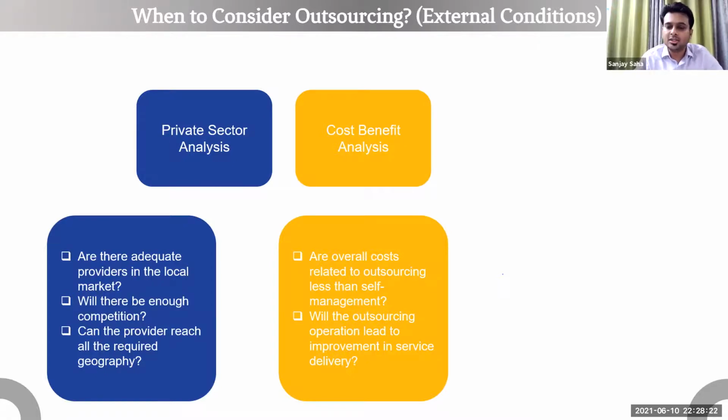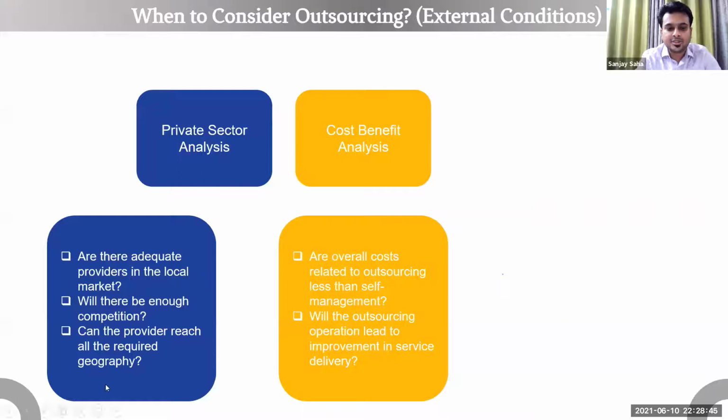Okay, and both things have to be understood and discussed. So the first question that we can ask is, if we outsource, will the overall cost of managing that function be cheaper? For example, if you're outsourcing transportation, will the overall cost of transportation be cheaper if we outsource than if we manage it by ourselves?